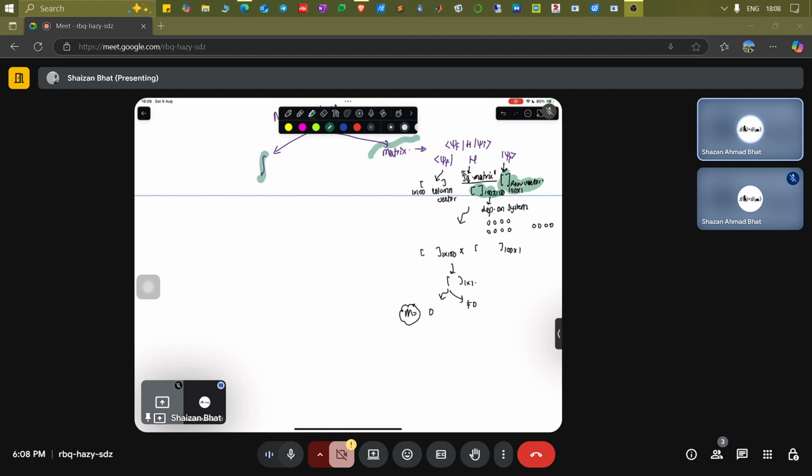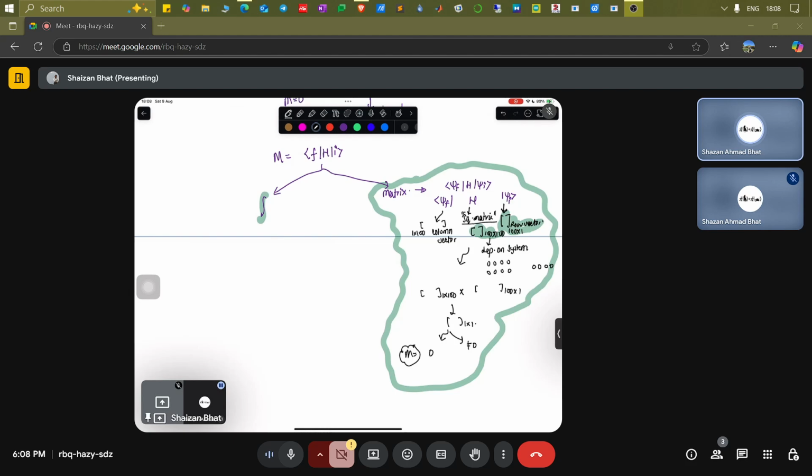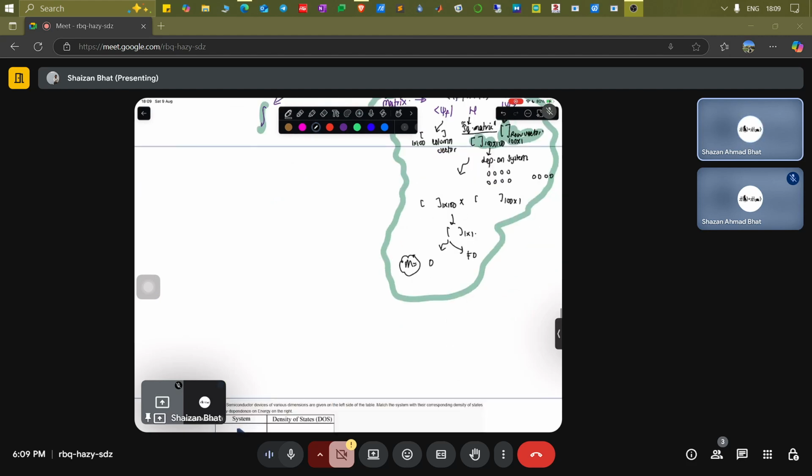So this is how you solve it. Most things you can write in integral form, no doubt, but if you are good at matrices, you can write the Hamiltonian in matrix form, write the wave functions in matrix form, and obtain the matrix element to see whether certain transitions are possible or not.